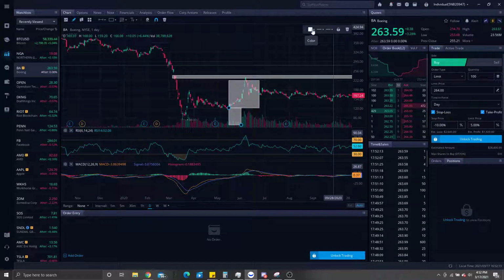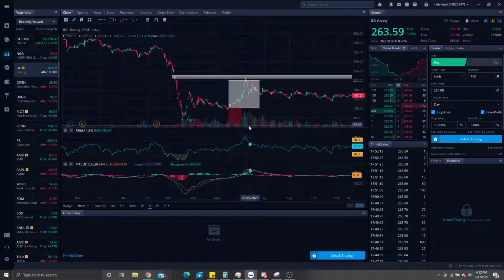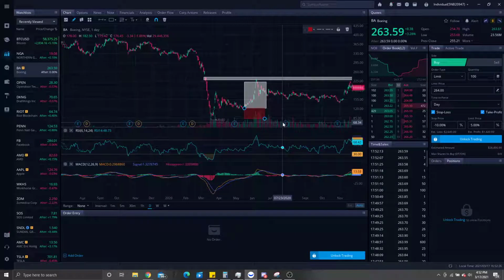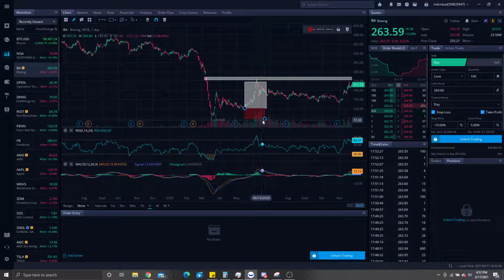Correct? Ish, 2-to-1-ish. Stops can go below lows without being 14,000 times the size of your profit target. That's good. All right, what else we got?